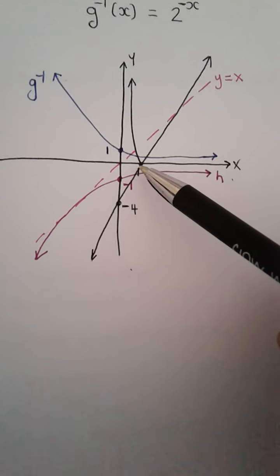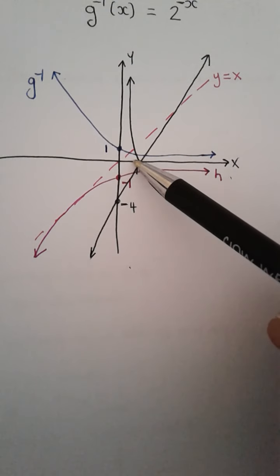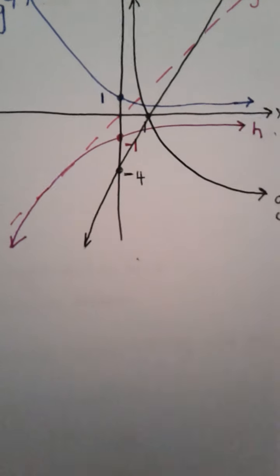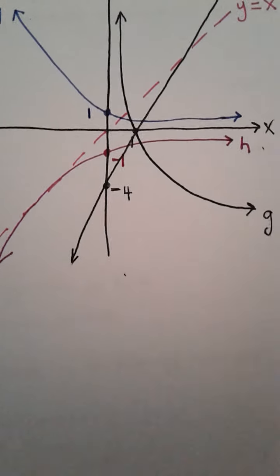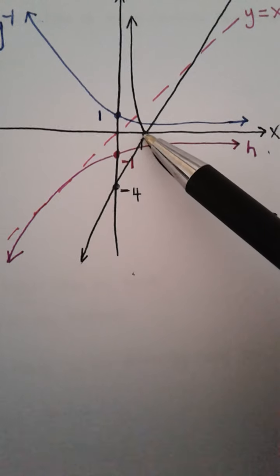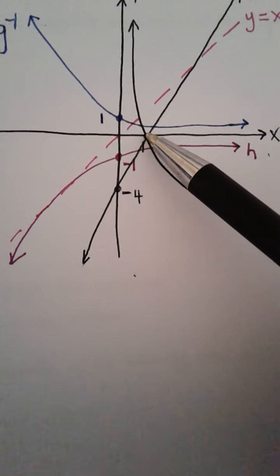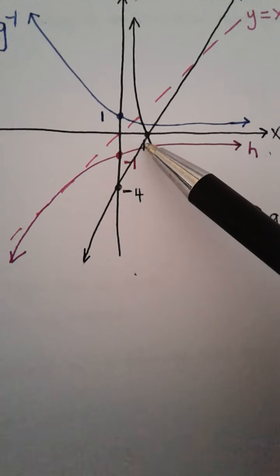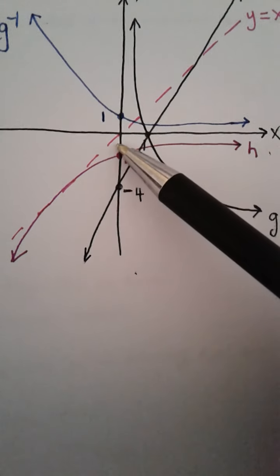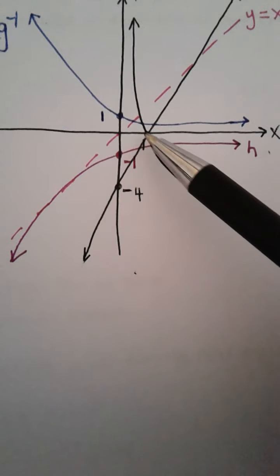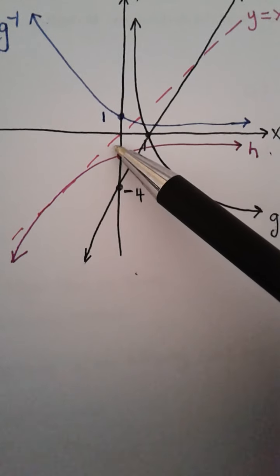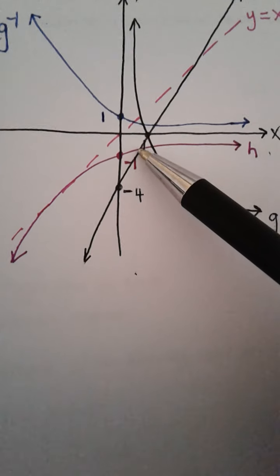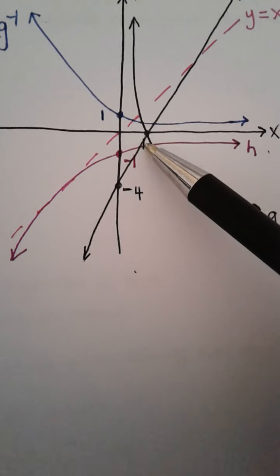If you look at the x values less than that x value of 1, the graph of h has its own y value, and the difference between that y value and the y value on the straight line definitely won't be 3.